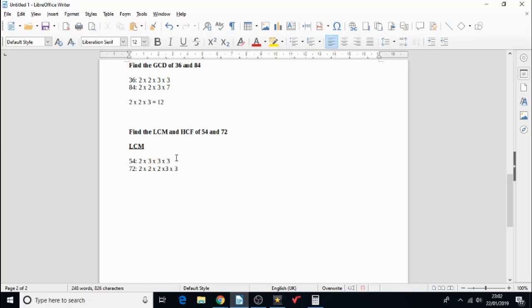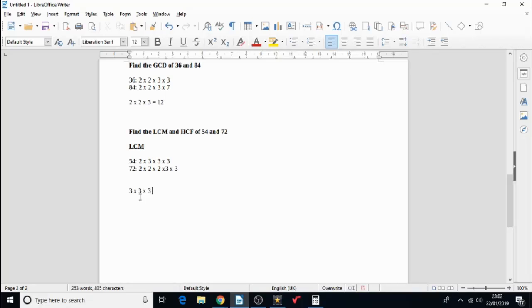So to work out the lowest common multiple, we're going to multiply by the highest amount of common factors. 2 and 3 both go into these numbers. So we're going to do 3 multiplied by 3 times, because that's the highest amount of that factor between the two. 3 goes into 54 3 times, whereas 3 goes into 72 2 times.